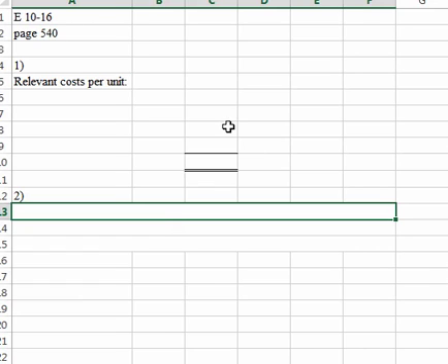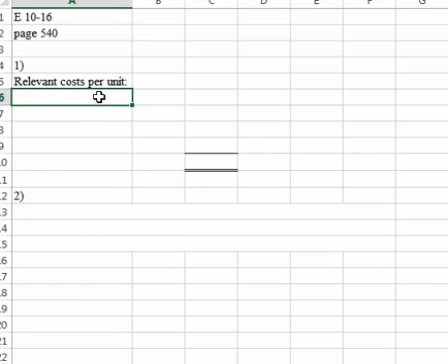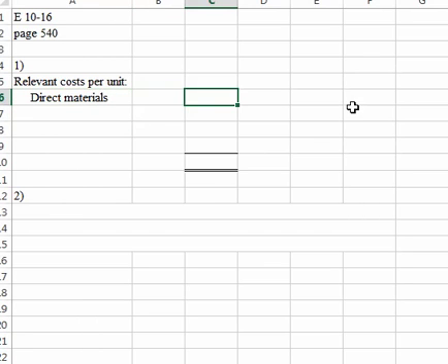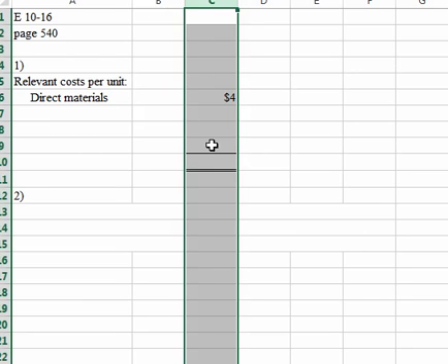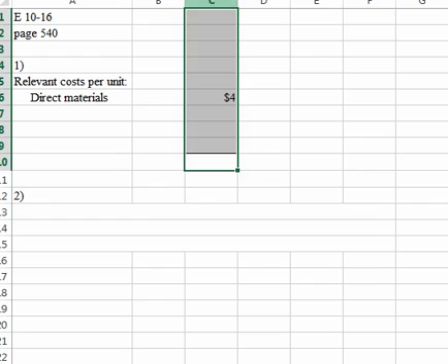So our relevant cost per unit, we'll start with direct materials. It's a definite cost that would increase if we made the part as compared to buying it from an outside party. $4 there. Okay, direct labor.